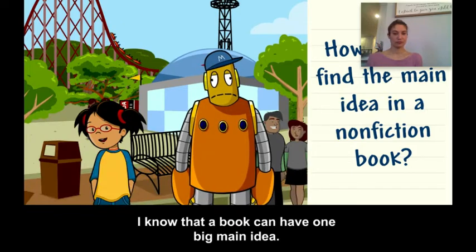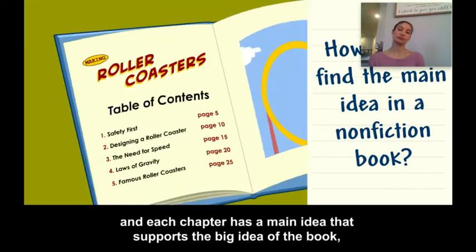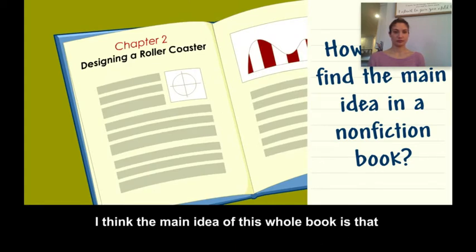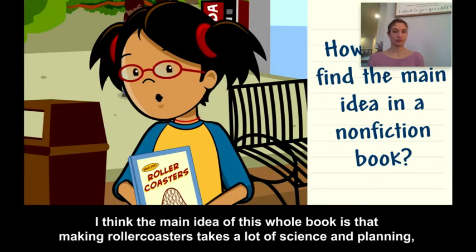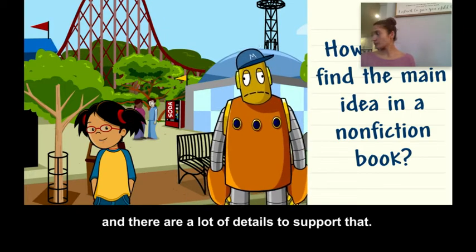I know that a book can have one big main idea, and each chapter has a main idea that supports the big idea of the book. And those chapters have paragraphs with main ideas that support the chapter. I think the main idea of this whole book is that making roller coasters takes a lot of science and planning, and there are a lot of details to support that.